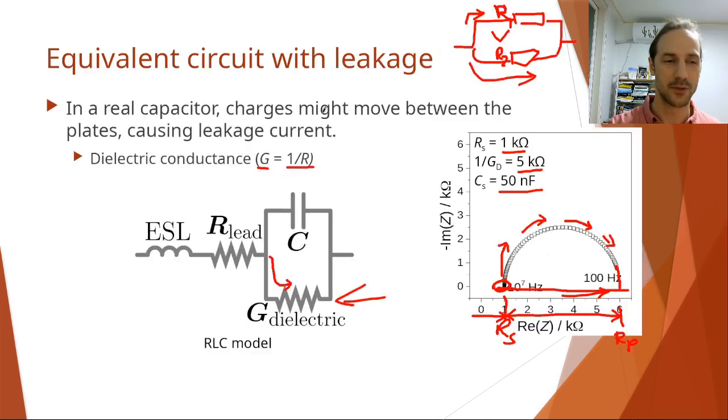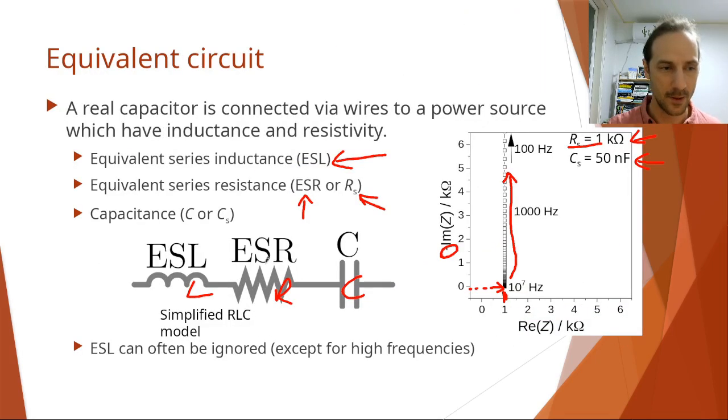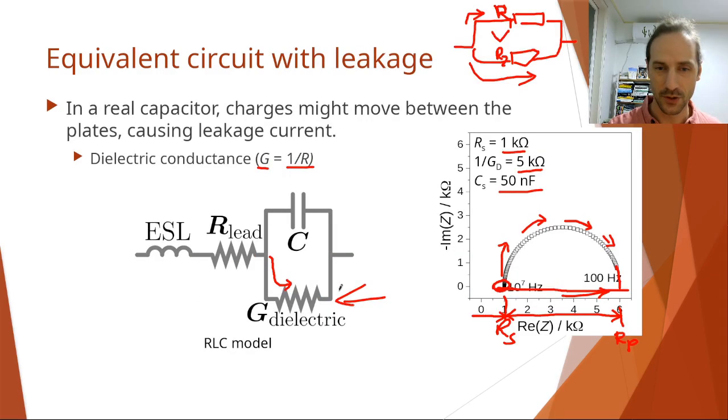So we can just assume this very simple circuit here with the resistor and the capacitor only. And if that is what we do, then of course when we are actually having a leakage current, what will happen is that at every point, so let's take this point here.